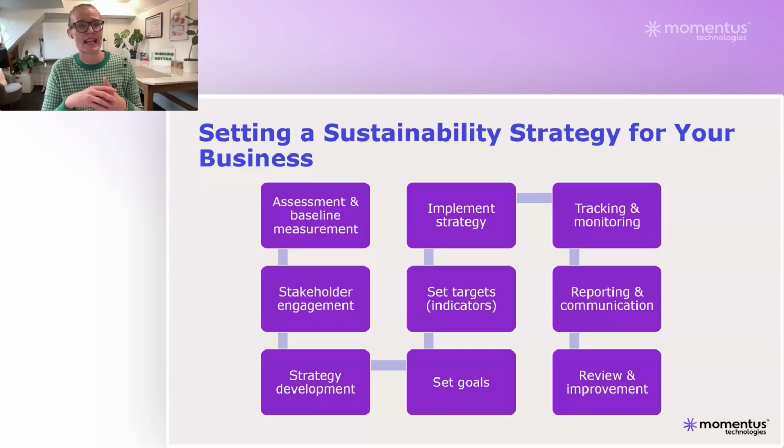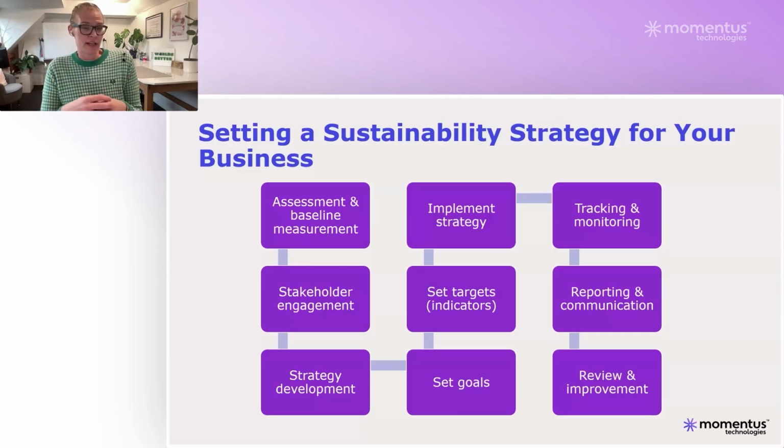I then move into a stakeholder engagement phase, engaging with internal stakeholders like management or employees and external stakeholders like customers and suppliers to gain insight into their support for the sustainability initiatives I'm trying to develop and build, but then to align sustainability efforts with those stakeholders and to gain broader expectations and potentially standards.